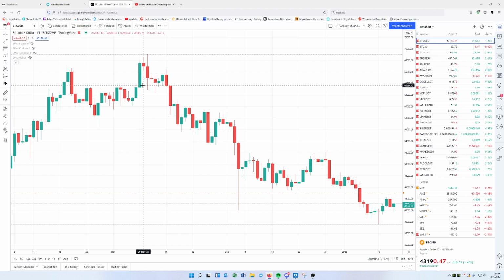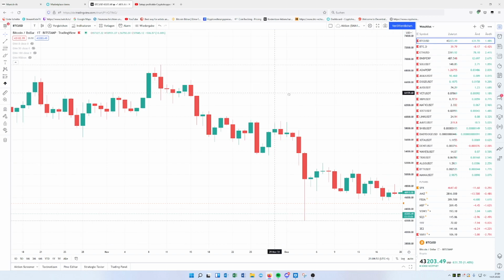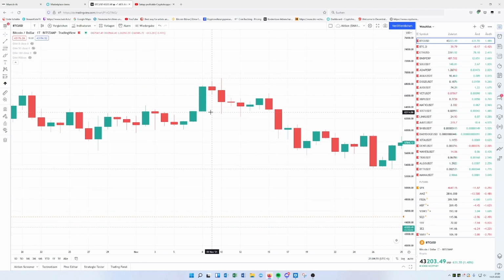The candlestick means we open the day here at the bottom and close it here. During the day it was only growing up to here, and then you see a peak, a small needle, let's say.